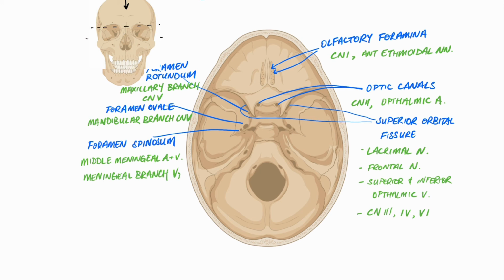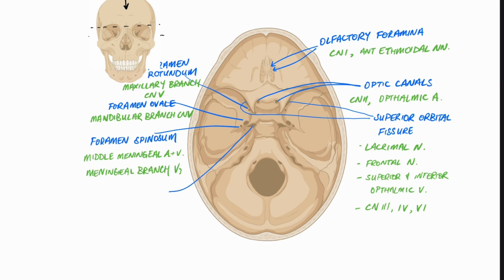And then here in this view, we also see the foramen spinosum, and that will transmit the middle meningeal artery and vein, and also the meningeal branch of the mandibular nerve. And here, once again, in this view, we can see the foramen lacerum. Remember it being the hole that's found at the junction of the sphenoid, the temporal, and the occipital bones.